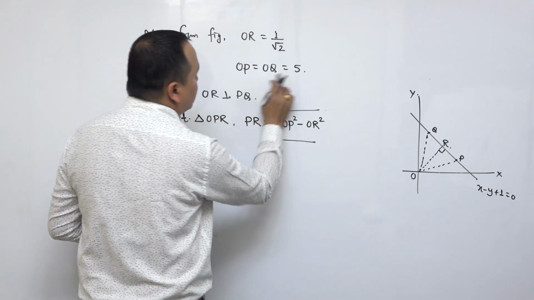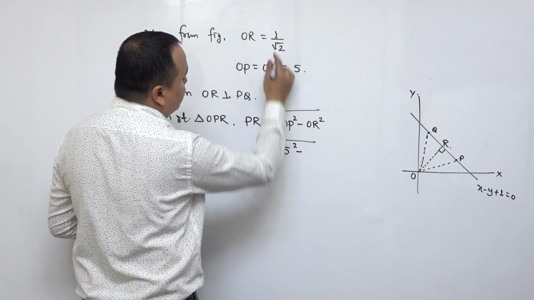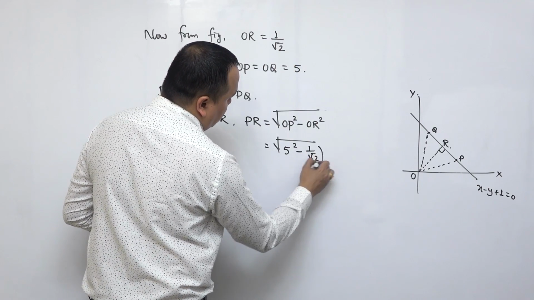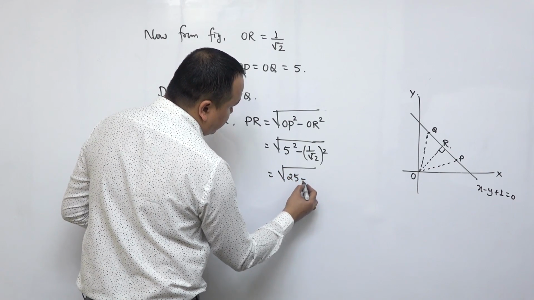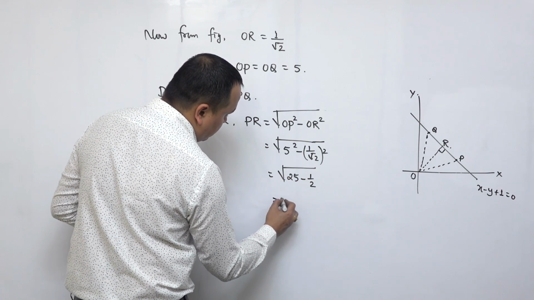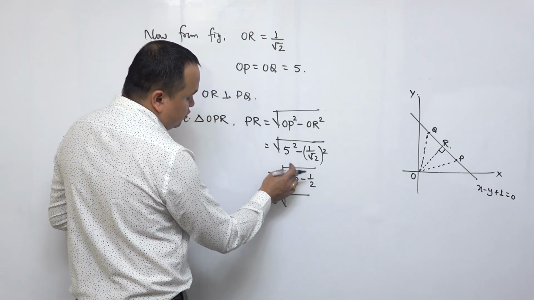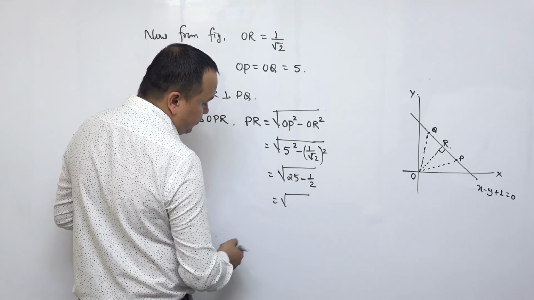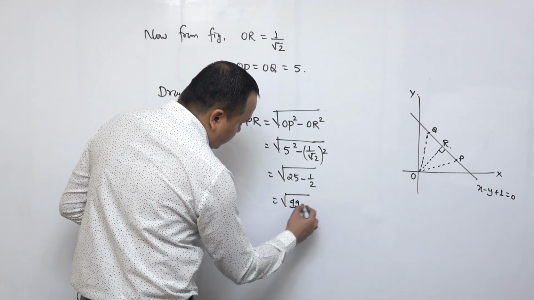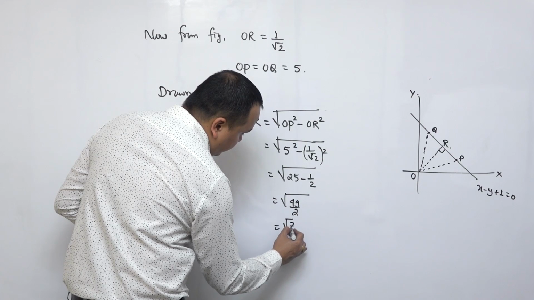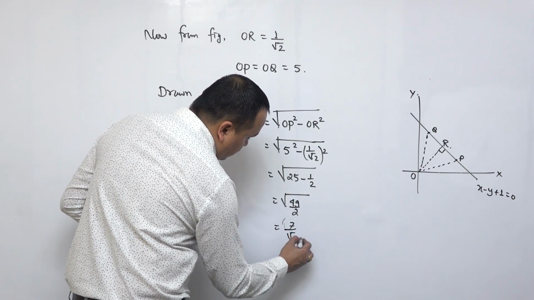We have OP is 5 square minus OR, 1 upon root 2 squared, and this is 25 minus 1 upon 2, taking LCM, 50 minus 1, 49 by 2, so this is 7 upon root 2.